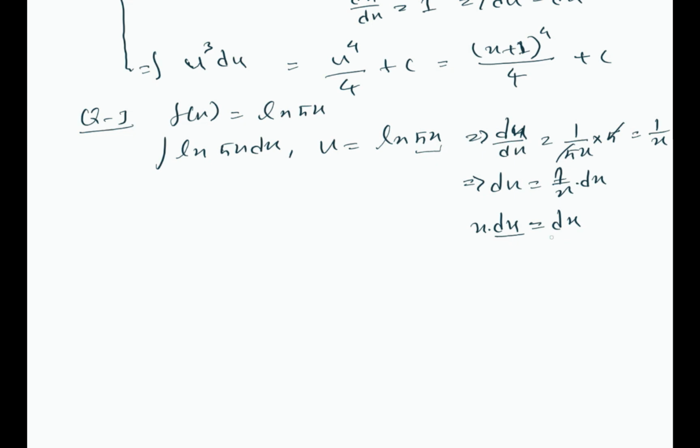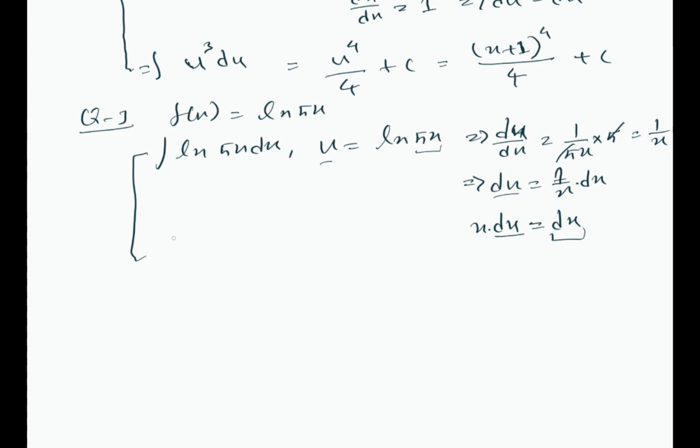Why am I taking this dx? I'll show it. Using these two, u and du, we need to represent this function. Maybe in some cases we need to multiply or divide the function by some constant. Yes, this can be done, but what kind of problem are we facing right now?